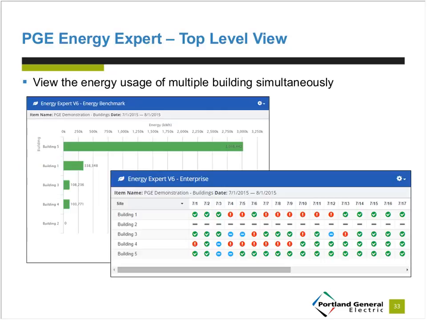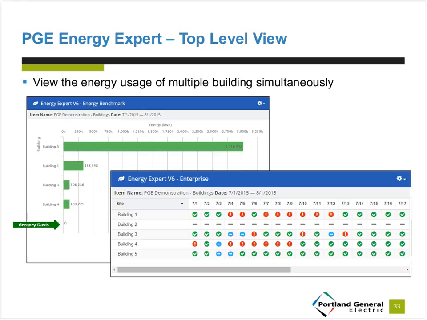So this is just an example of a typical chart that you could use or see in Energy Expert. The one in back is just showing your usage for a specific period of time. In this case, we're looking at the month of July. And in this example, there are 5 buildings, Building 5 and Building 1, 3, 4, and 2.